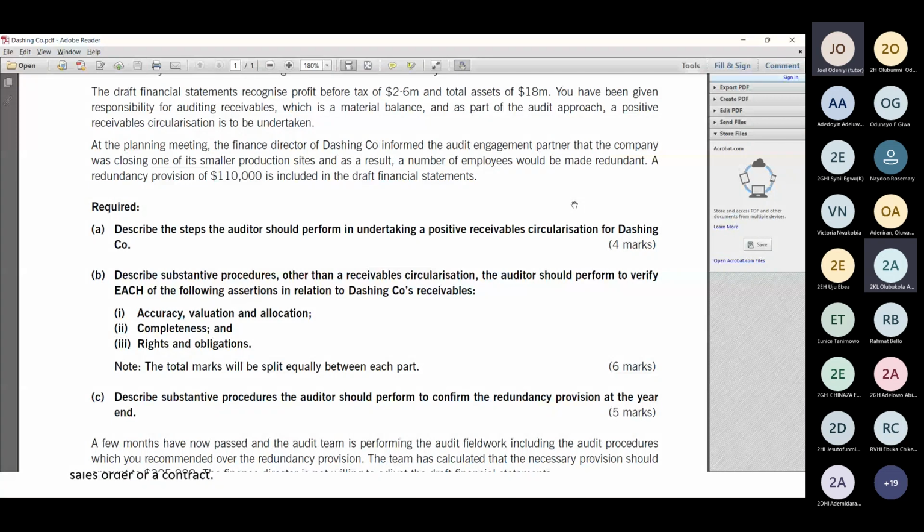Instead of discussing the basis, your procedure should probably be to obtain the list of the breakdown of the 110,000 redundancy provision, and then maybe you can cast it to confirm accuracy. And then you can also confirm the individual breakdown to supporting documents, which would be like the basis, the calculations. You can also evaluate or review the basis or the assumptions to confirm reasonability.